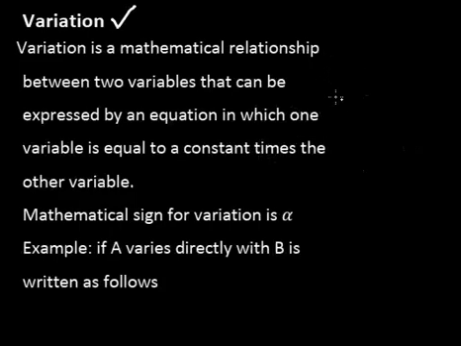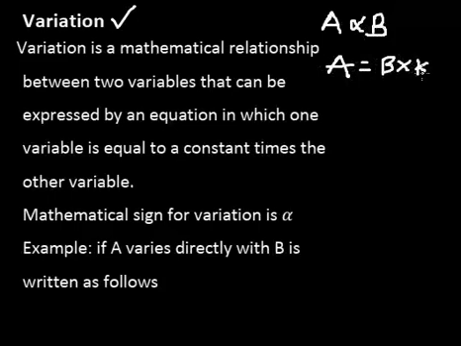For example, if I say that A varies with B, it is something like saying A is equal to B times a constant k. That is the only way the condition of variation can be satisfied.